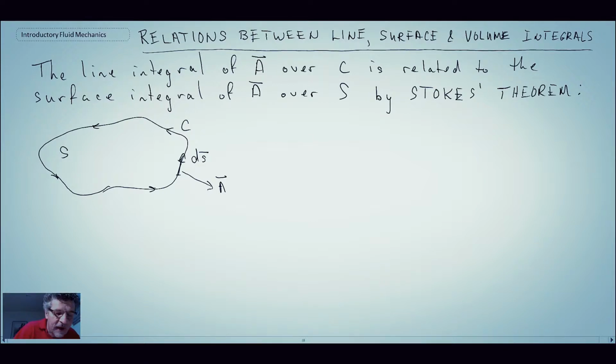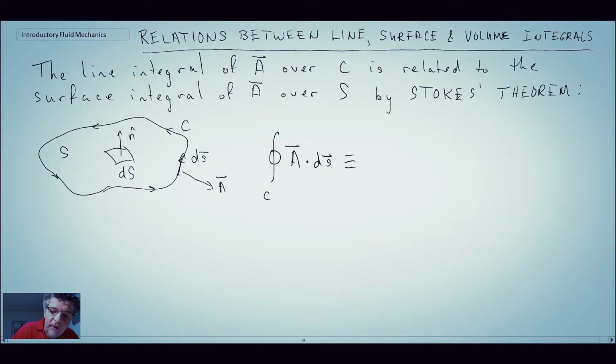This surface S, we also have defined some differential element. And there is a unit normal vector, and then the scalar value of the area is differential element d capital S. So through Stokes' theorem, what it enables us to do is relate a line integral around that surface. So we might be evaluating A dot ds, and that's a little s in this.